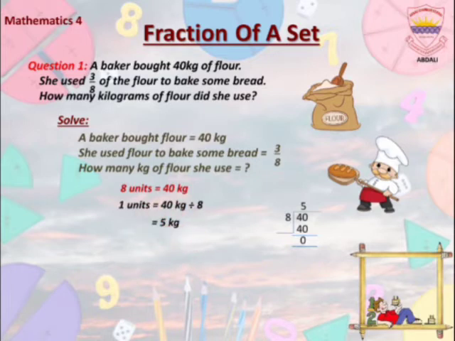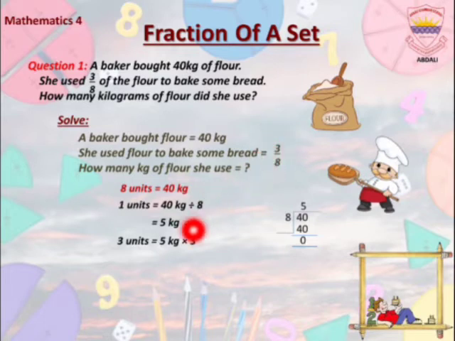What we do now? Now students, we multiply our quotient 5 kg by 3 units of numerator.